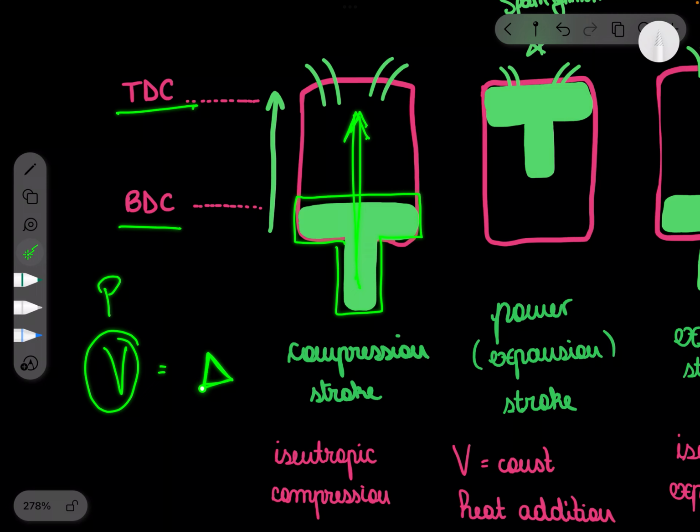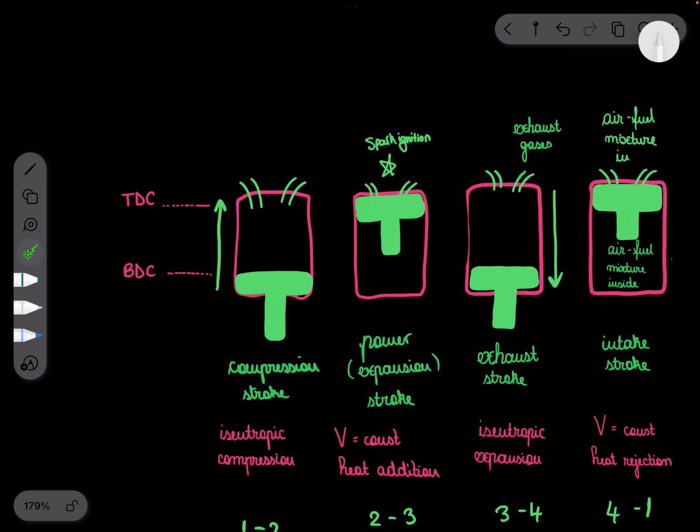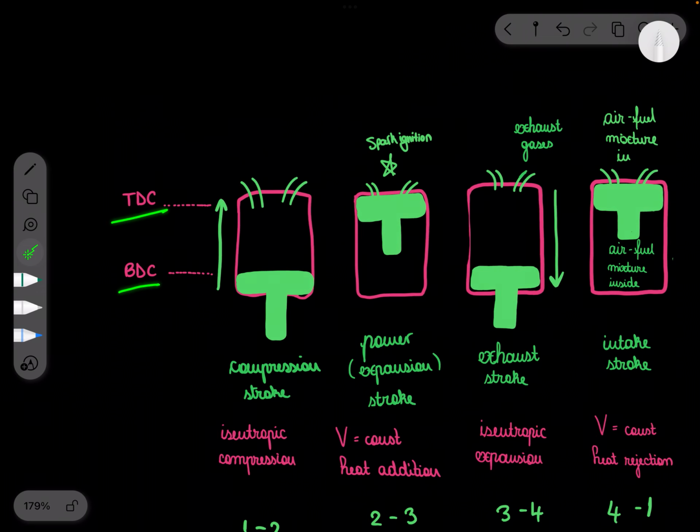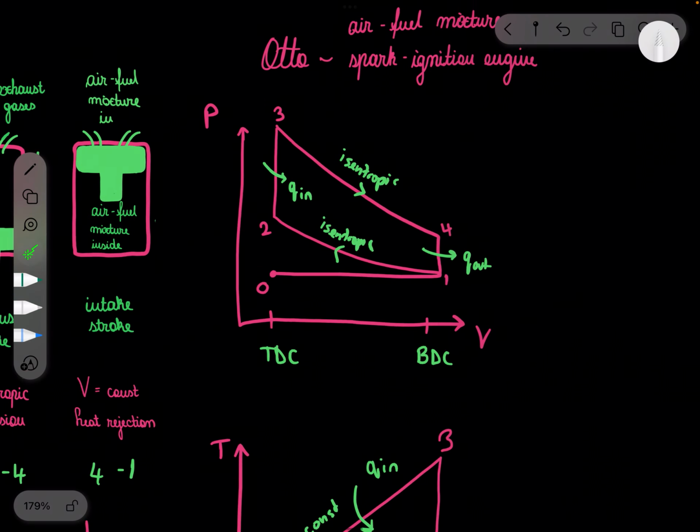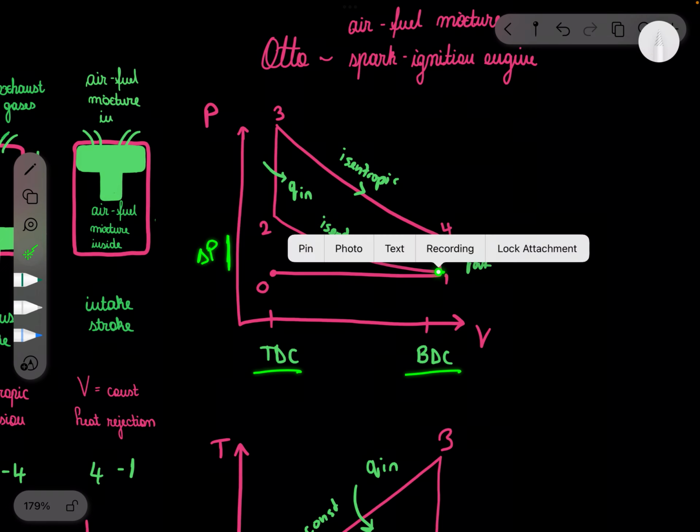What happens to the pressure? As we're compressing, there's going to be a slight increase in pressure as well. So volume, we said, from bottom dead center to top dead center, since we are compressing, and we're going to see a small change in pressure. So, this way.